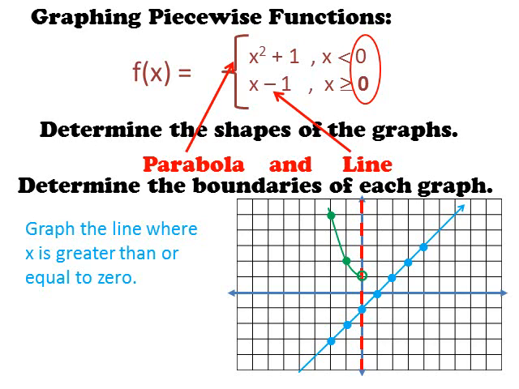I need to draw this line x minus 1 in the interval x greater than or equal to 0, so I don't need the part where x is less than 0, and I remove it. And you have to take care of the point at 0. In the first function, x is not equal to 0, so the point is open. But in the second one, x is greater than or equal to 0, so the point is closed.